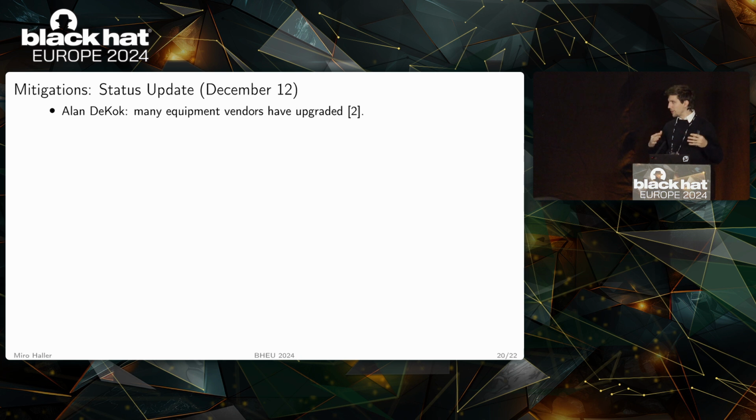So now that it's about 6 months after we went public with this vulnerability, we can make a review and see how mitigation is going. Of course, all of the Radius server software providers had patches available at the time we went public because of the responsible disclosure. But it looks like until now, many of the equipment vendors have also upgraded their systems.